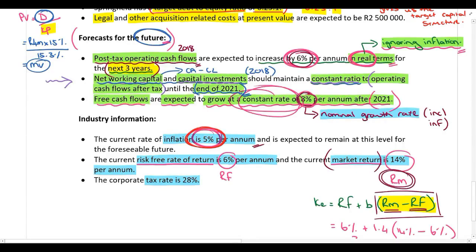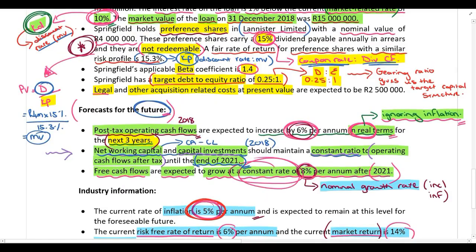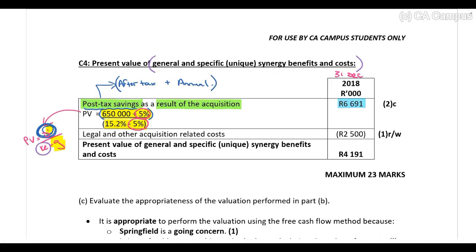Then, there was one other thing we were given here: legal and other acquisition-related costs at present value. So we have an acquisition-related cost that we need to take into account, but luckily we don't need to calculate the present value. The present value has been given to us. We have a cost of 2.5 million rand. So obviously the post-tax savings is a synergy benefit.